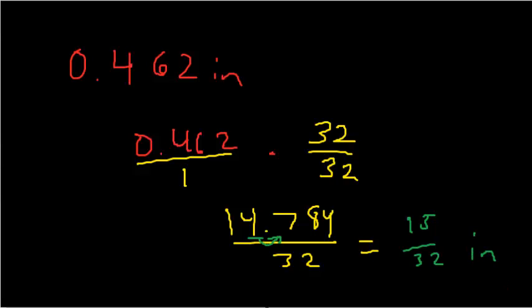You can also do this with 64ths, 16ths, 8ths, 4ths, whatever you want to do. Again, just take that decimal number, multiply it by what you want over itself. So here we wanted 32nds of an inch, 32 over 32. Do the same with any other number. We can find the nearest fractional measurement for that decimal.